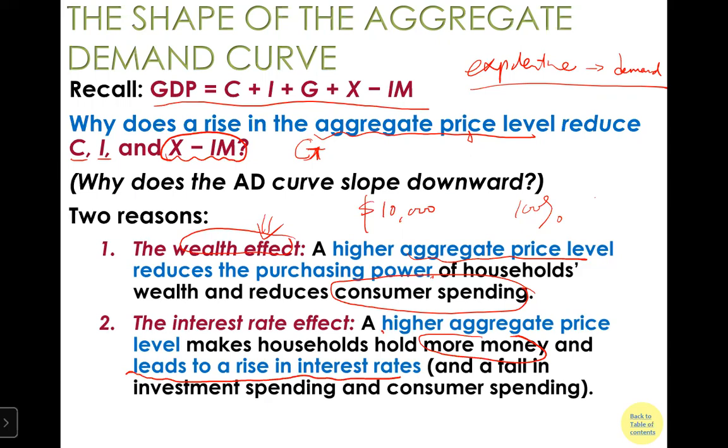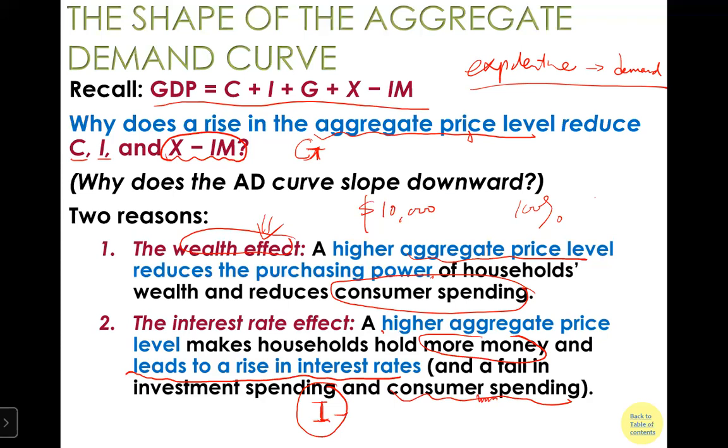The rise in interest rate leads you to cut your investment spending, and you may also want to cut your consumer spending. A higher interest rate leading to falling investment spending is straightforward, particularly looking at mortgages. But why does a higher interest rate lead to reduced consumer spending?